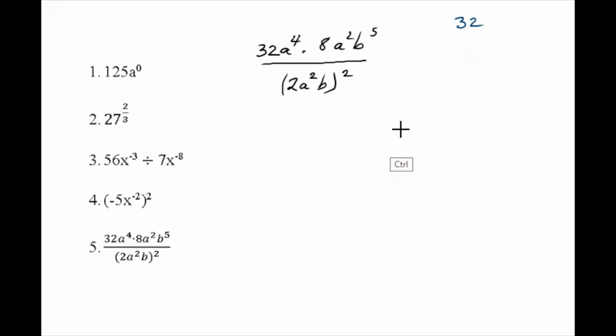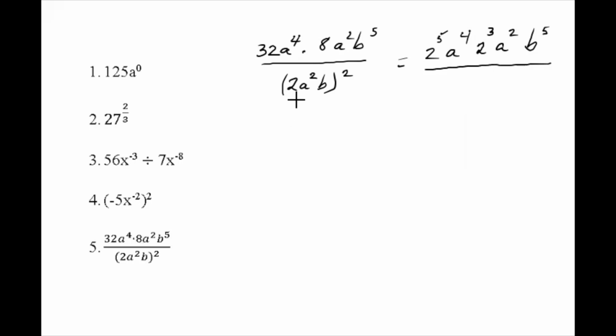So in rewriting this problem then, what I'm going to have is I'm going to say this is 2 to the 5th multiplied by a to the 4th multiplied by 2 to the 3rd power multiplied by a squared multiplied by b to the 5th power. All right. Now I'm going to work on the bottom here.